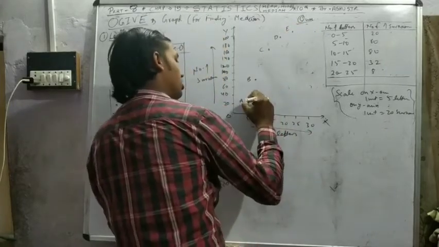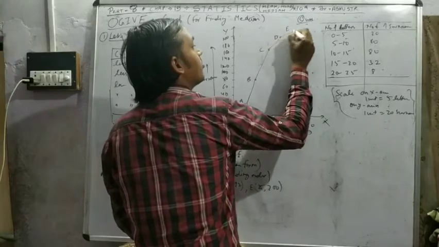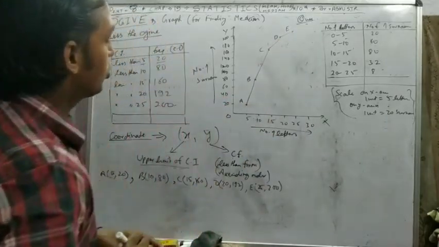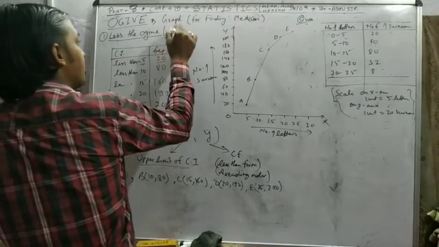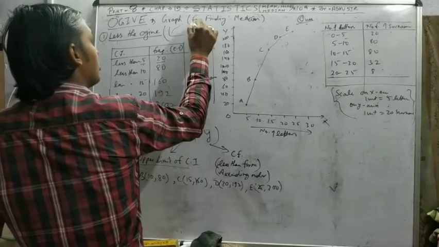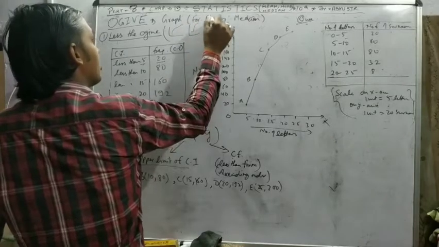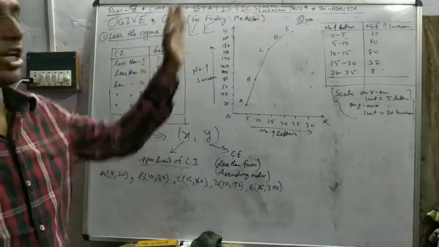So we join them one by one. For the less than ogive, the graphical representation is always like this, always from bottom to top, in increasing order.